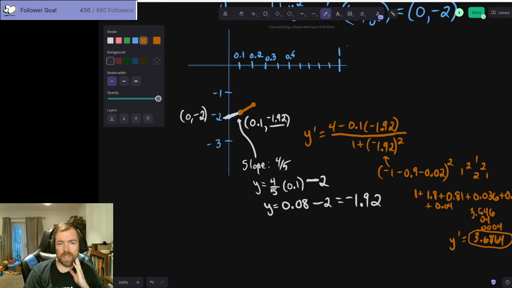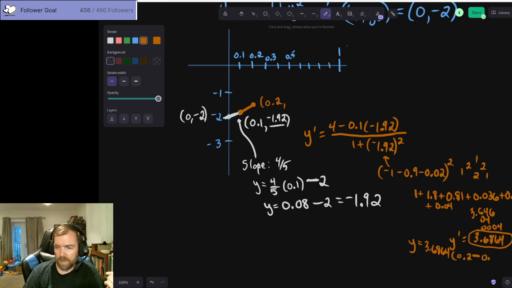And again, we need to find the y value here, which again, we're going to use our y prime value and fill in all the blanks. This is going to be y equals 3.6864 times our 0.2. In this case, our new line doesn't actually go through 0 comma anything, so we can use the previous value.